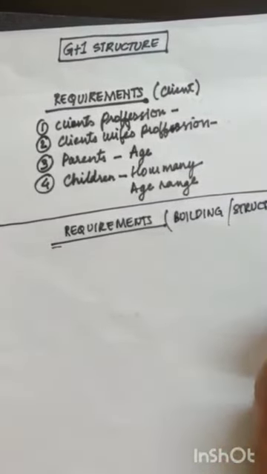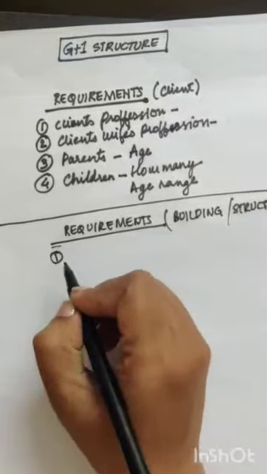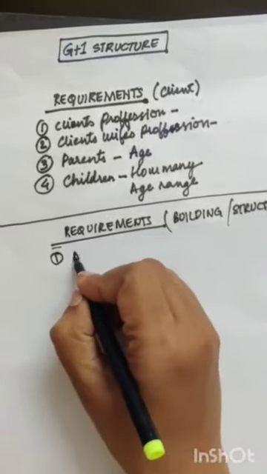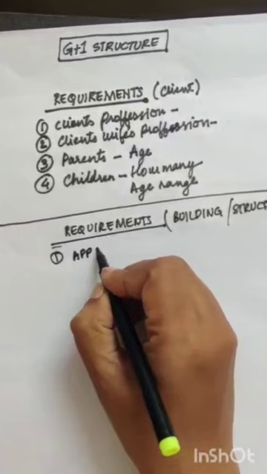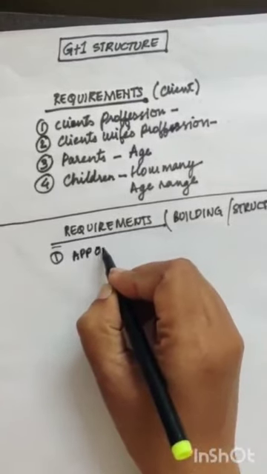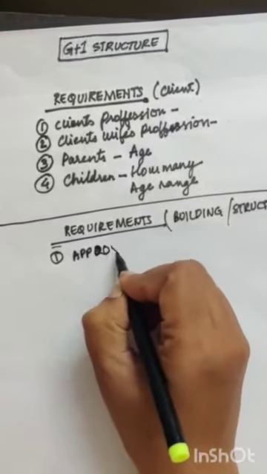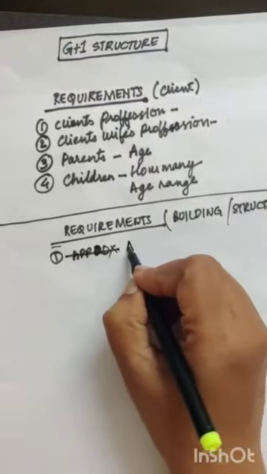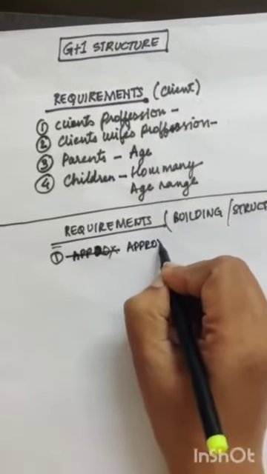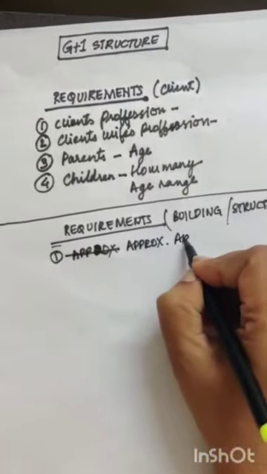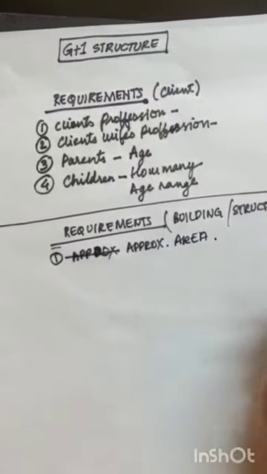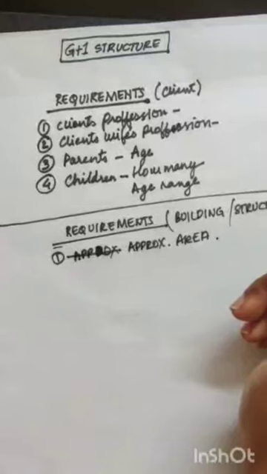Okay. Now here the very first requirement you need to know from the client is the approximate area he has thought of building his house.